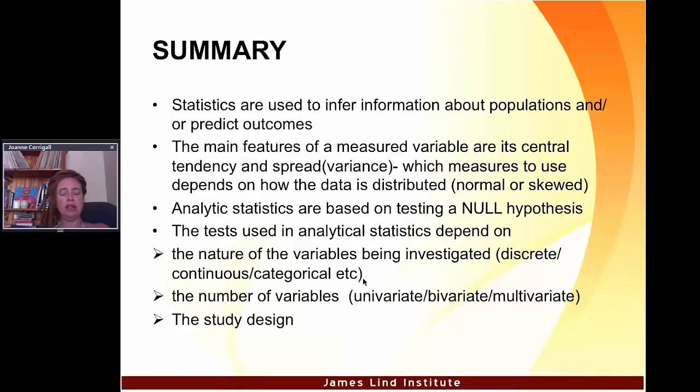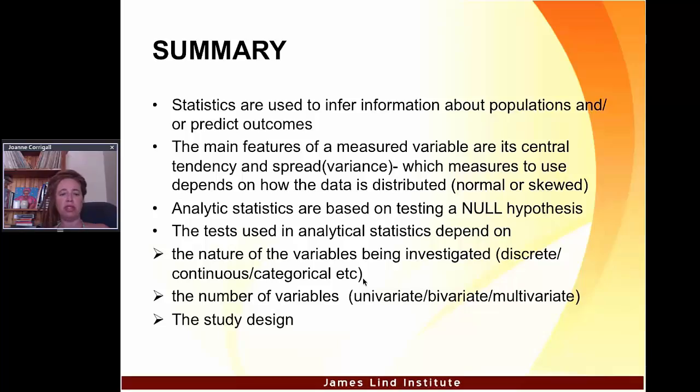So in summary, we use statistics to infer information about populations and to predict outcomes. The main features of a measured variable are its central tendency and its spread. And these are measures, and which measures to use depends on how your data is distributed, okay? So whether it's normal or skewed, and in fact, both of those elements of data, the type of data and whether they're normally or not normally distributed, have a big impact on what statistical tests you will actually select to use.